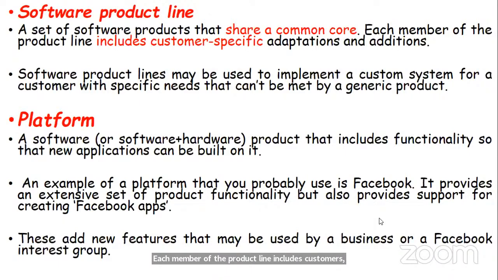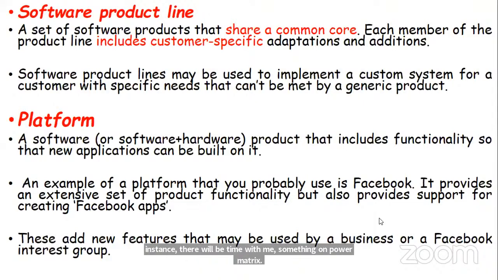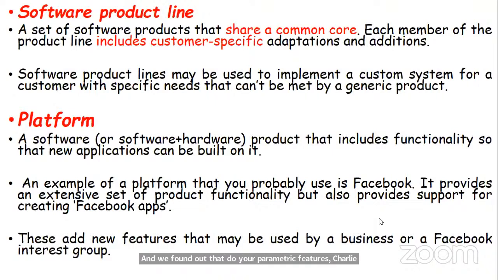So you could come up with a software, but at some time, you could also modify it to meet a specific need that you have identified. For instance, there was a time we were doing something on biometrics, and we found out that though your biometric features, especially fingerprints, are unique to an individual, some people do some kind of work that alters the ability of the reader to capture their fingerprints.